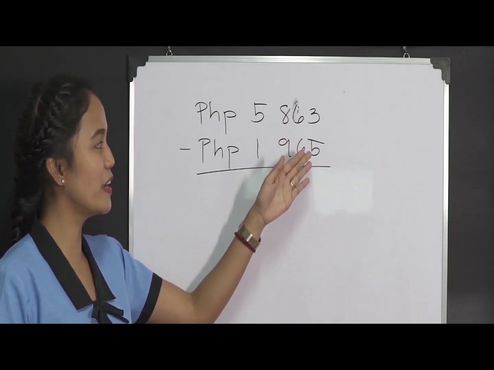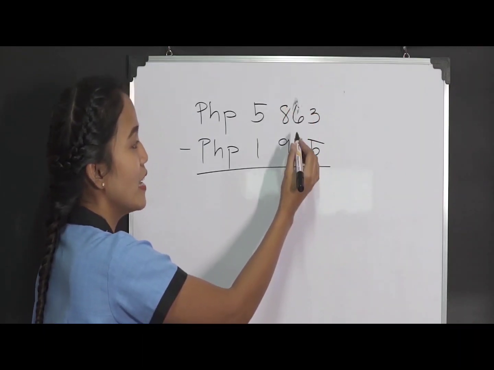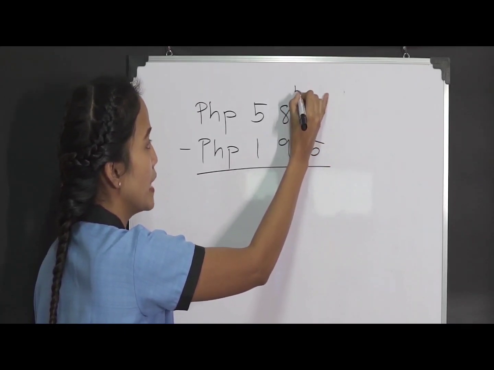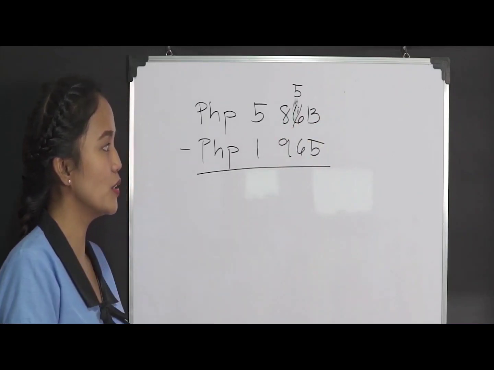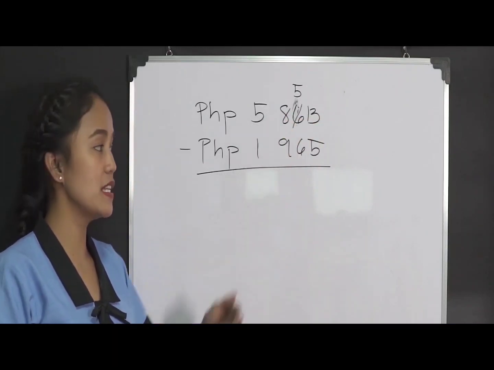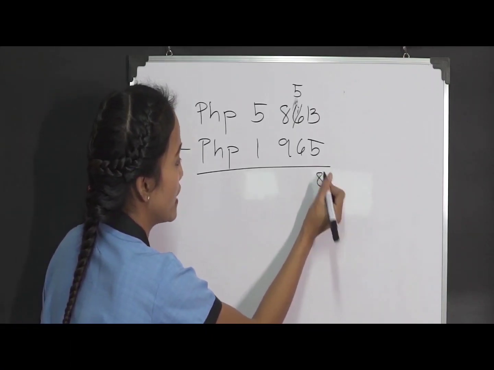Yes, we cannot subtract 5 from 3. So, we need to regroup 10 into 10 ones. So, 6 will become 5. Write 5 above 6 and write 1 beside 3. So, now we have 13 ones. 13 minus 5 is equal to? Very good. It is equal to 8.